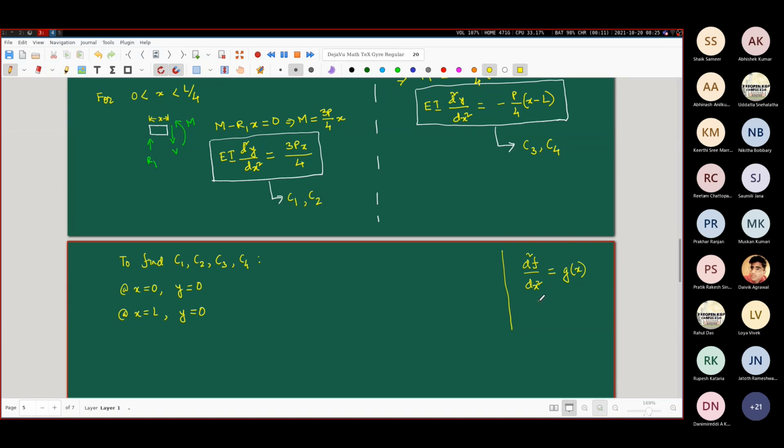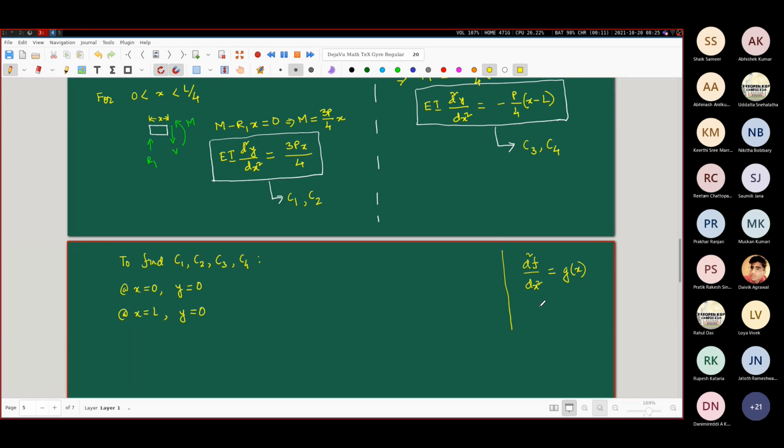I repeat, for a second order differential equation, none of the boundary conditions should have an order greater than 1. Similarly, if you're solving a third order equation, then none of the boundary conditions should involve an order greater than n minus 1.